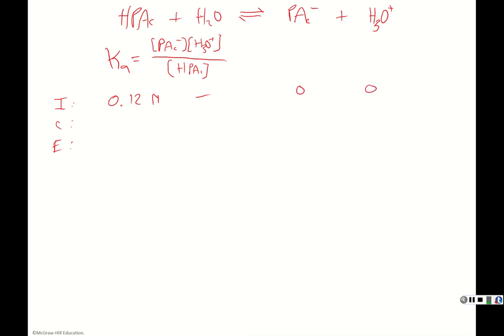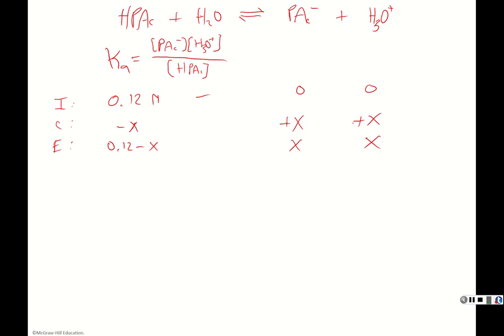Then our change is just going to be X. We're going to lose concentration of our acid because some of it is going to ionize, and when that happens, the same amount of acid that ionizes produces the conjugate base and the conjugate acid. So those are both plus X. Now we can do our equilibrium values. This would be 0.12 minus X. That's what we'd normally write. And these would both be X.